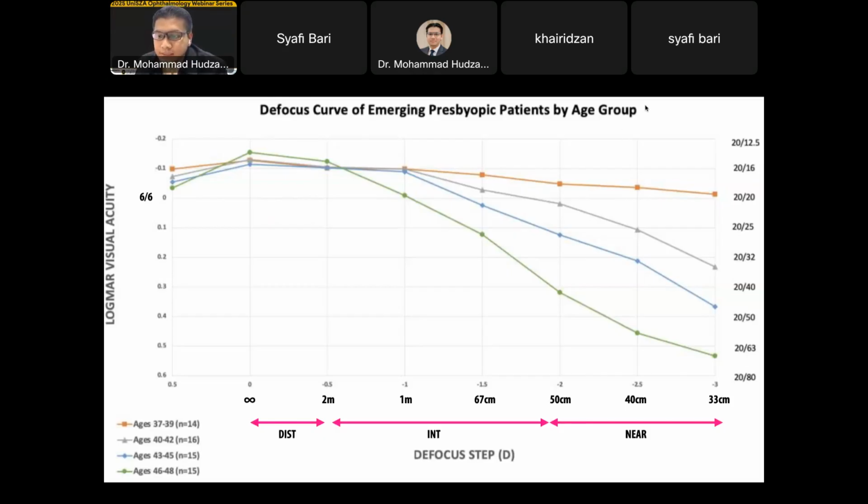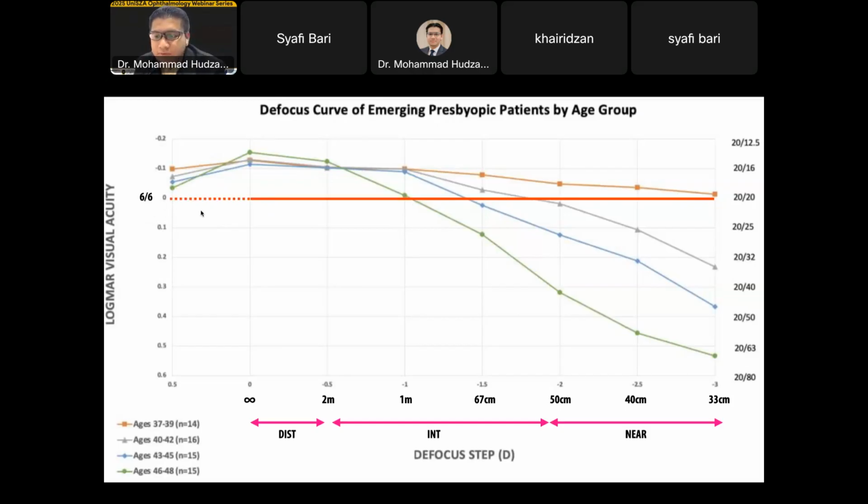So in this case, if we compare different age groups, we can see here the lines of orange, gray, blue, and green. Comparing different age groups, we take a vision of 6/6 as a baseline. So this is logMAR 0.